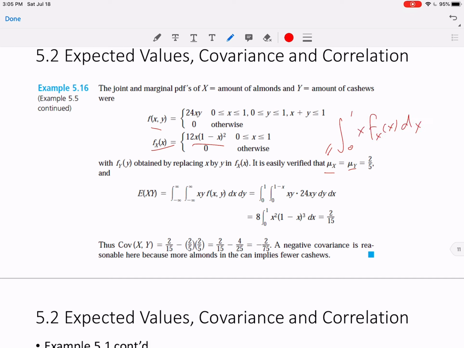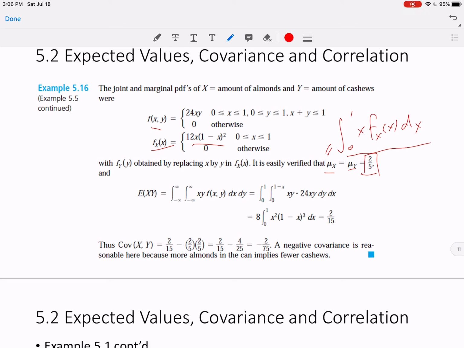We can calculate mu sub x and mu sub y by applying this kind of formula. So after calculation, we'll have this is equal to 2 over 5. I think we did this in the previous video. But anyway, this calculation is kind of easy.